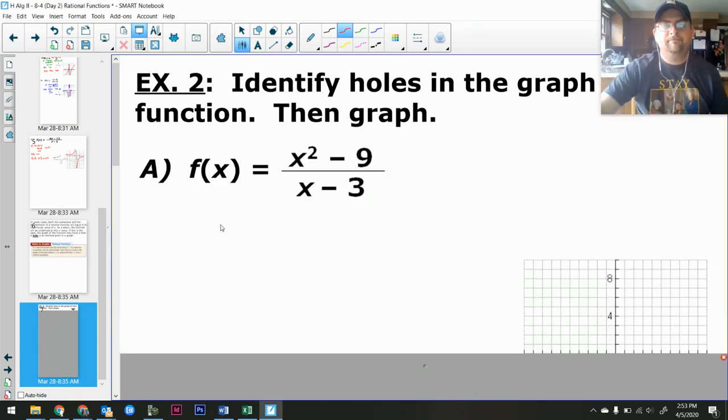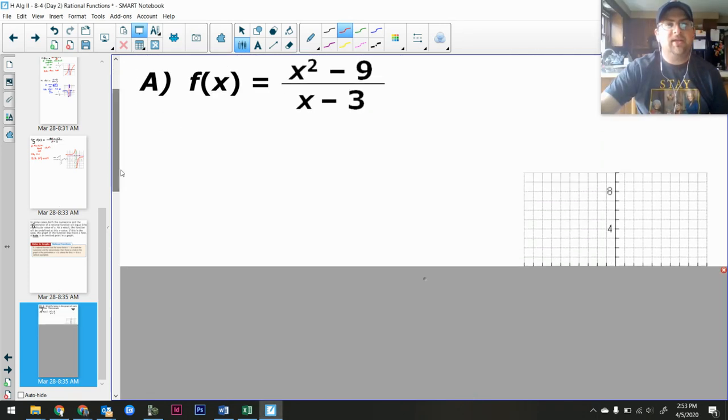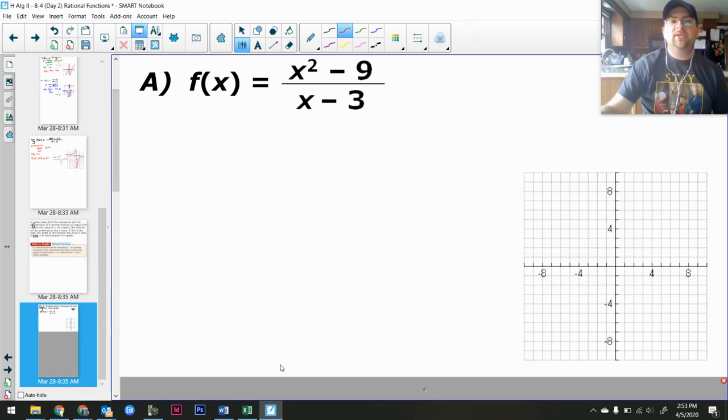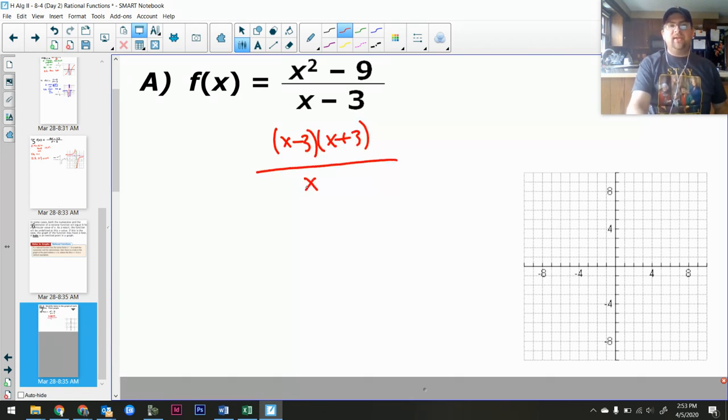All right. So we've got x squared minus 9 over x minus 3. If I factor things down here, I've got x minus 3 times x plus 3 in the numerator, and in the denominator, it's an x minus 3. Notice how the x minus 3's cancel. So f of x reduces down to just x plus 3.